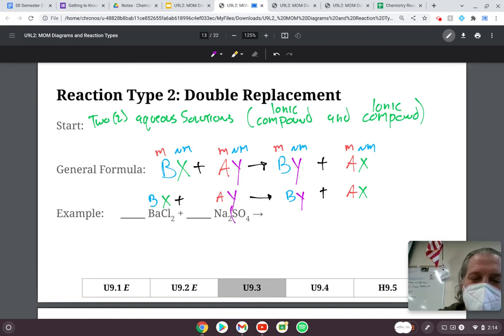And the reason this template is important is because now we can take the elements underneath each of these and match them up on the other side.